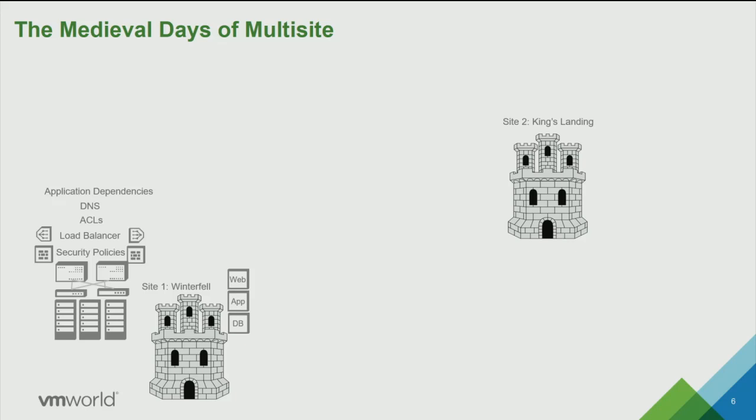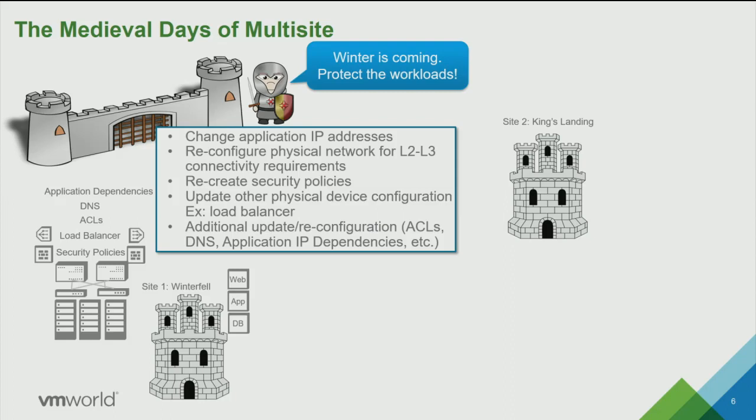So there's a lot of challenges you face when you want to be able to move these workloads to the other site. You have things like, the application IP address might need to change. And if you want to try to keep that consistent, then you're basically reconfiguring your physical network for L2, L3 connectivity requirements. And even if the network is there, what about the security policies, right? Now you have to manually recreate these security policies, figure out a solution for that.